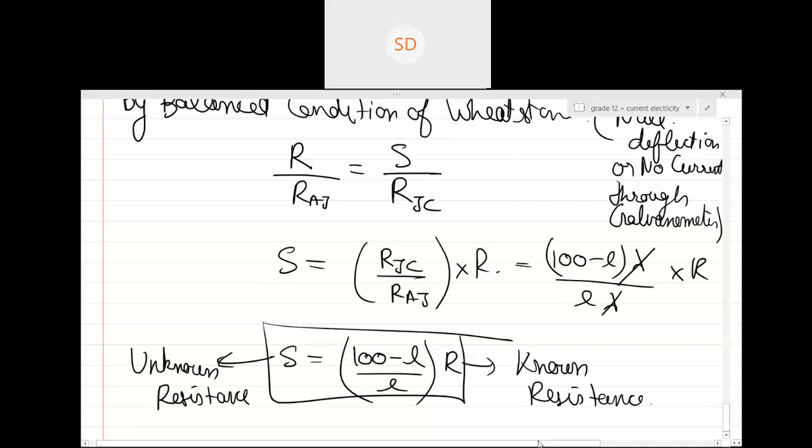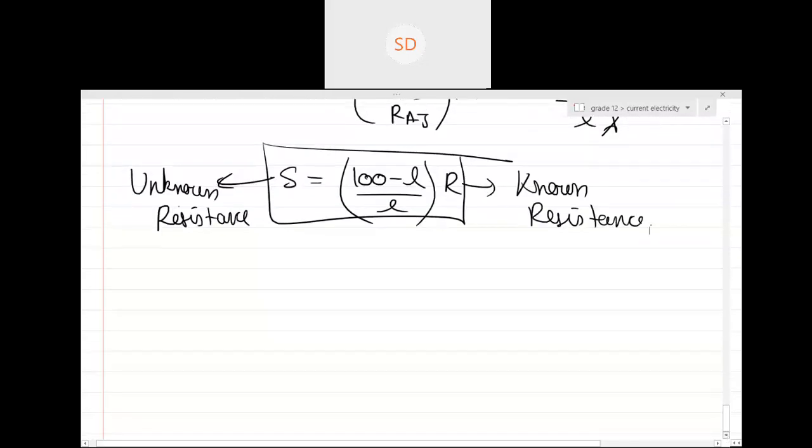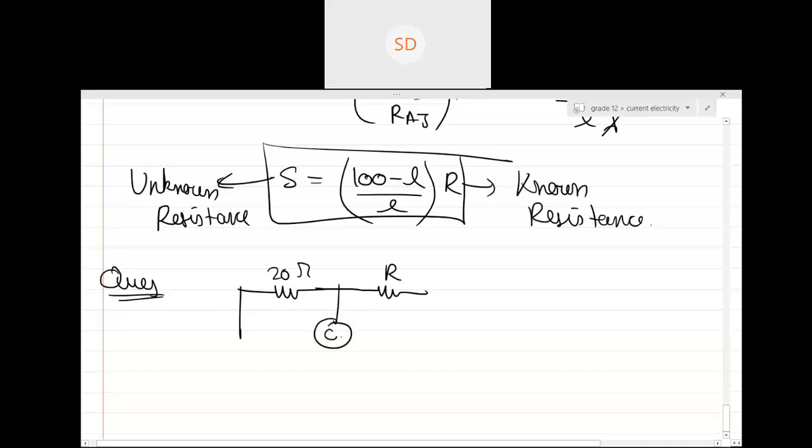I'll give you some questions on meter bridge directly. Suppose this is 20 ohm. This is R. This is the galvanometer. This is the jockey.